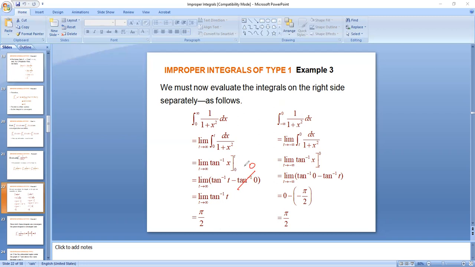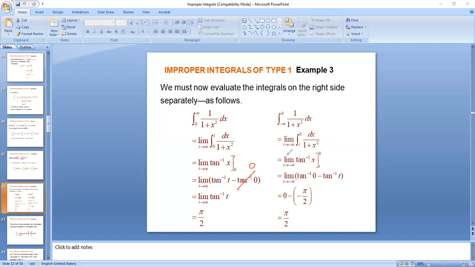If you check in your calculator, tangent of 0 is 0. So the angle whose tangent is 0 is 0. That leaves us with a single term, which is the limit of the arctan of t as t approaches infinity. So again, think of an angle whose tangent will be infinity, and that will be 90 degrees.